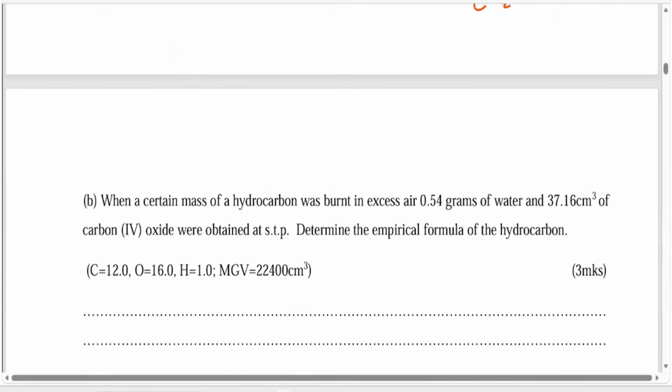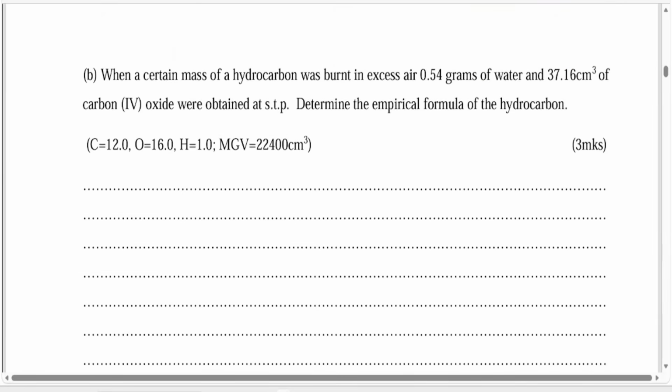Next question, part B. When a certain mass of hydrocarbon was burnt in excess air, 0.54 grams of water and 7.16 cubic centimeters of carbon dioxide were obtained at STP.